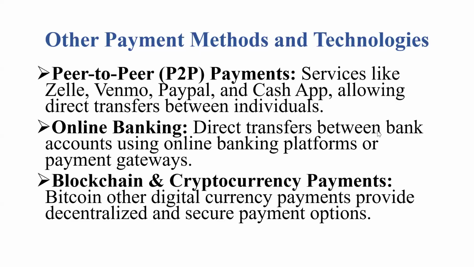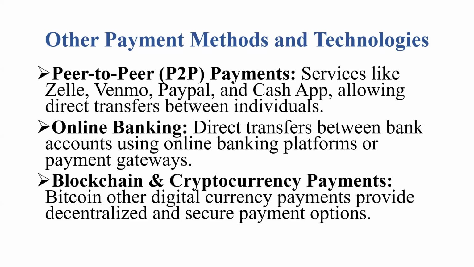Other payment methods and technologies include peer-to-peer payments. So under peer-to-peer payments, we have services like Zelle, Venmo, PayPal, and Cash App, allowing direct transfers between individuals. I can send a payment or money to another individual using any of these services. And this is pretty much under the scope of peer-to-peer payments. We also have online banking, which we are all familiar with.